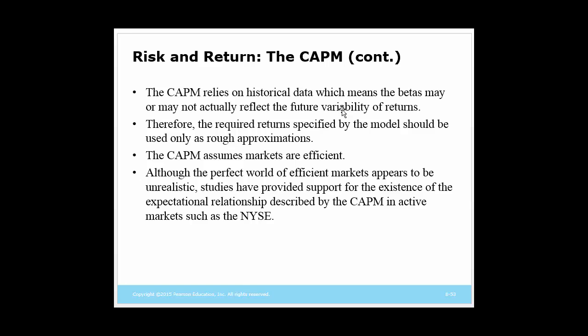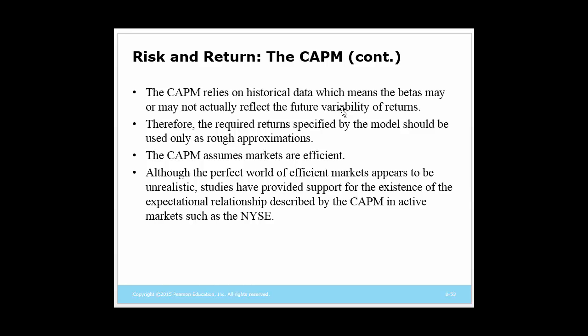So the CAPM actually relies on some historical data, so we know that there are some changes, so it won't always give us a straightforward, very predictable, exact number, right? So we know that they're only approximations. The capital asset pricing model assumes that stock markets are efficient.